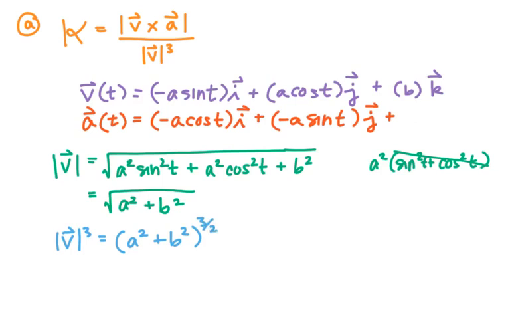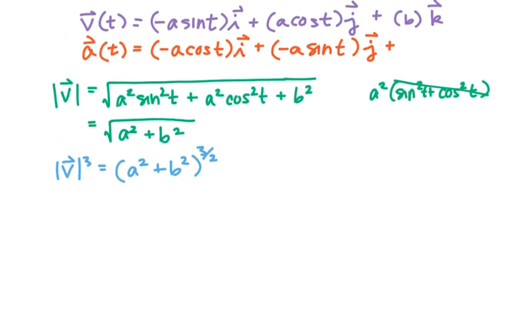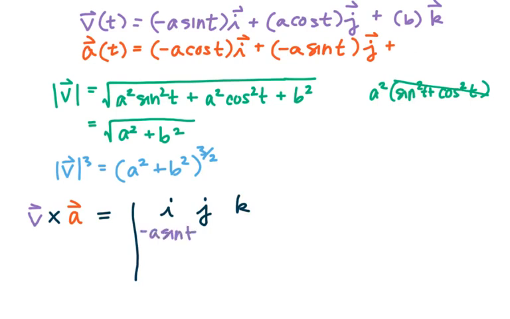All right, the last piece we're going to need to calculate is v cross a. So v cross a is going to equal the determinant of i, j, k. My components for v: negative a sine t, a cosine t, and b.